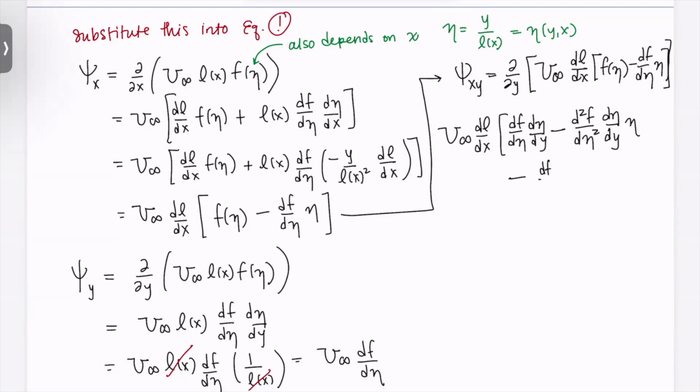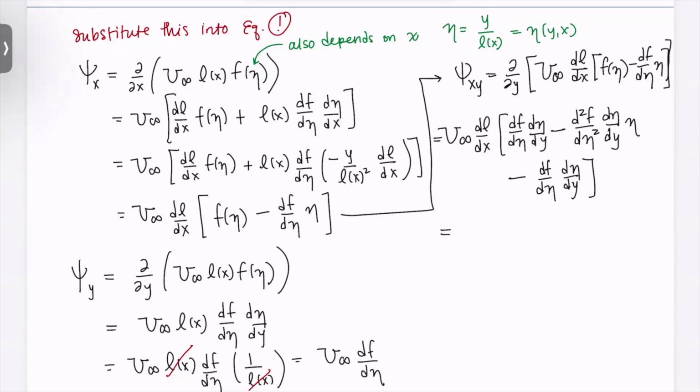So I have df d eta, and then d eta dy. And this has an equal sign. I don't like when I don't see equal signs. Anyway, never do that.